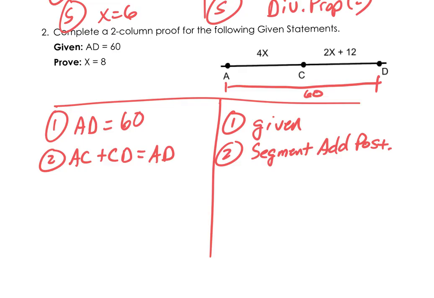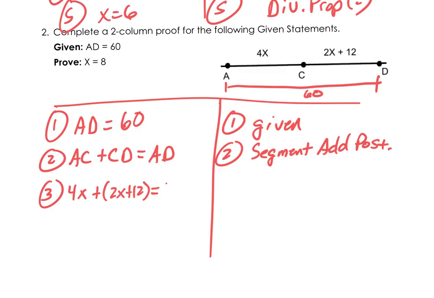Now, Cora, what do you think we could do? Substitute. Yeah, what are we going to substitute in? AC is really 4x because it's labeled up above. CD is really 2x plus 12.